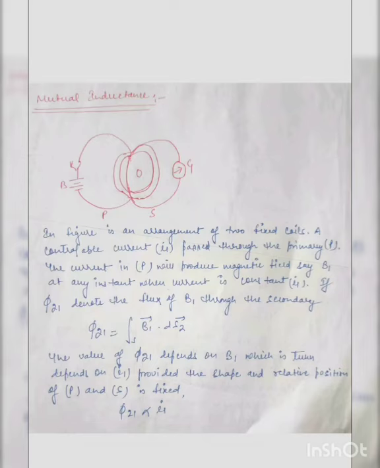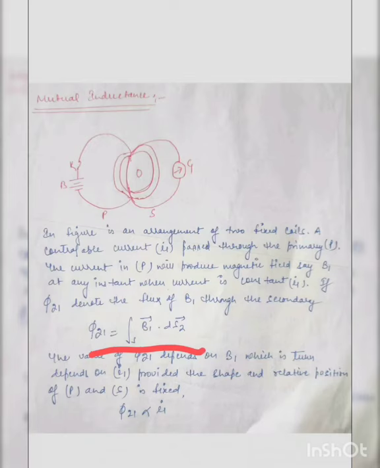In this figure, this is an arrangement of two fixed coils. A controllable current I1 is passed through the primary P. The current in P will produce magnetic field B1 at any instant. When the current is constant I1, if phi 1 denotes the flux of B1 through the secondary, then phi 1 is equal to the surface integral of B1 dot dS2.